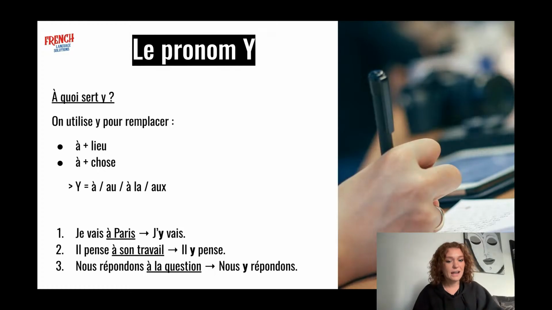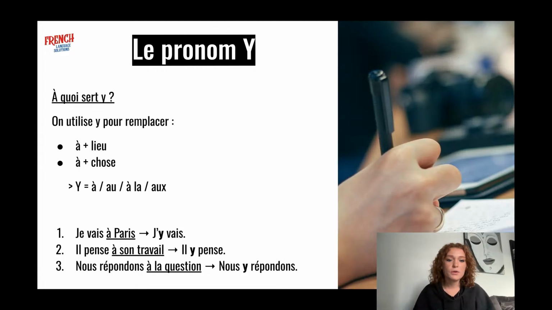Et ensuite, last one, nous répondons à la question. We answer the question. À la question, starting with the à, it's good, I have my noun, I can take the full group from the à to the end of my word, and then I'm going to replace it by the y that I put before my verb. Nous répondons à la question, nous y répondons. We answer it.